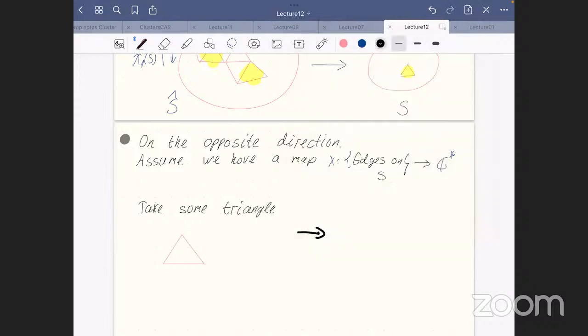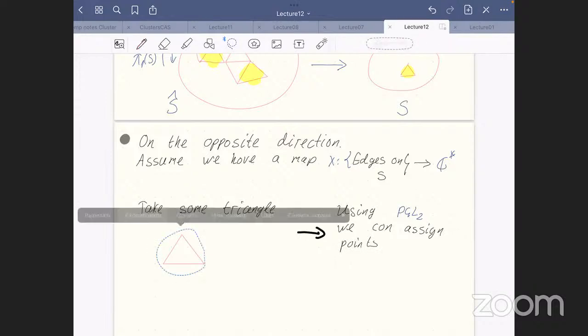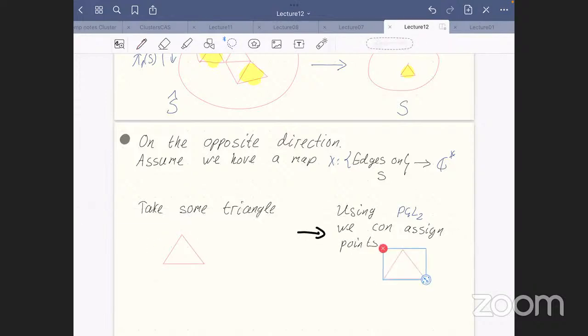Using our group PGL2, we can assume we can assign points infinity, -1 and 0 to each of its vertices.